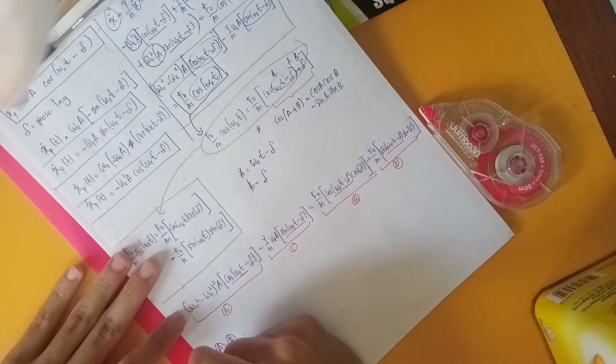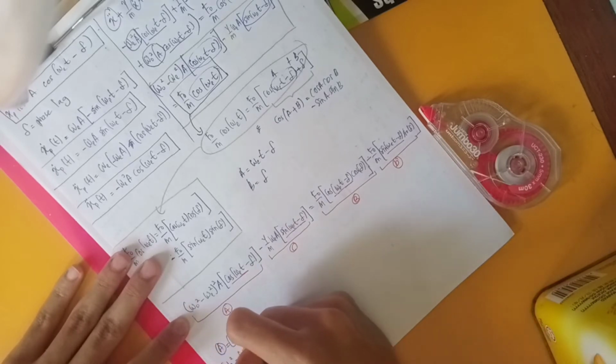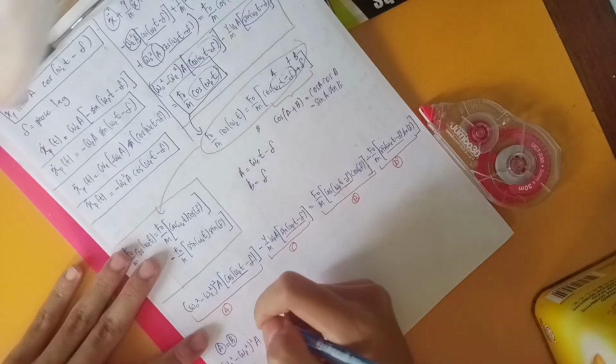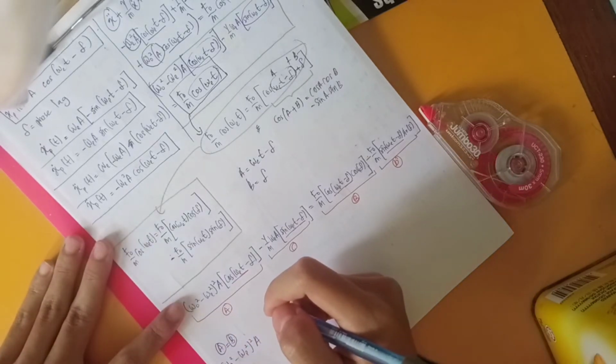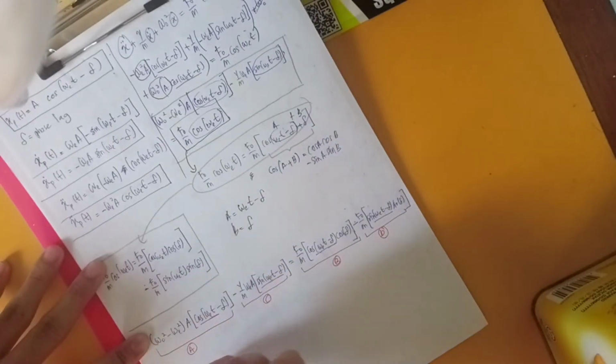So omega naught square minus omega e square. So A, okay. Wait, why did I do that? Hold on. No. It should not be square here. Oh my god, why did I do that? I am so sorry.